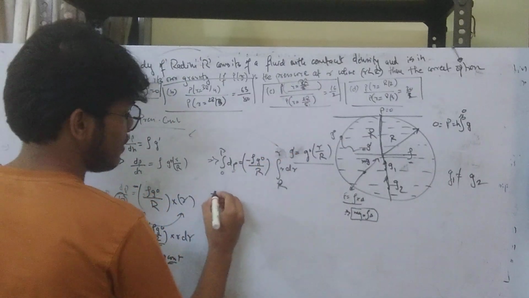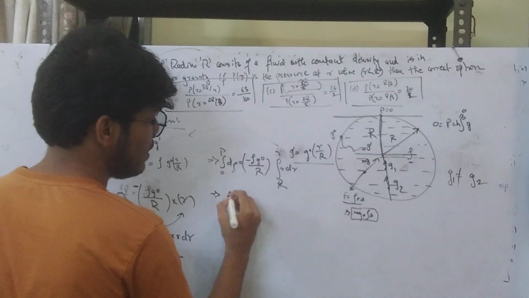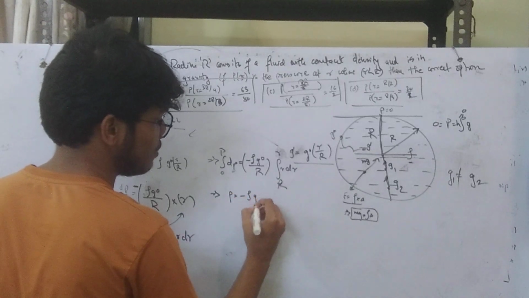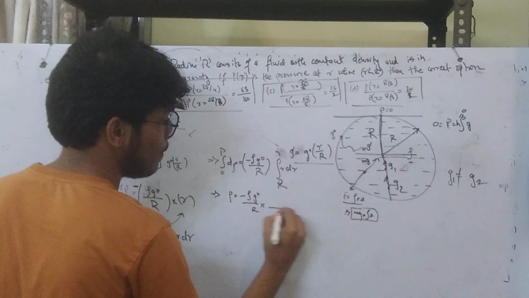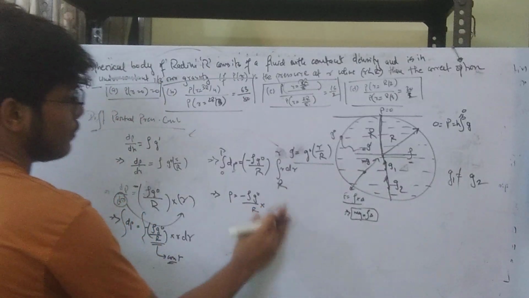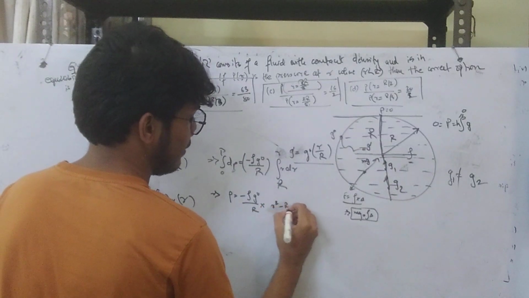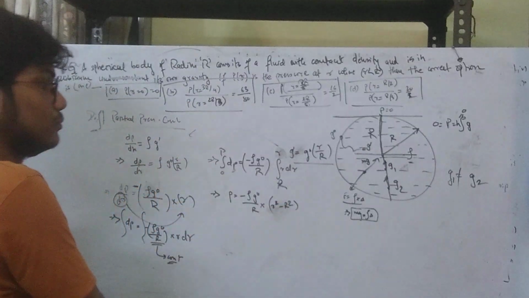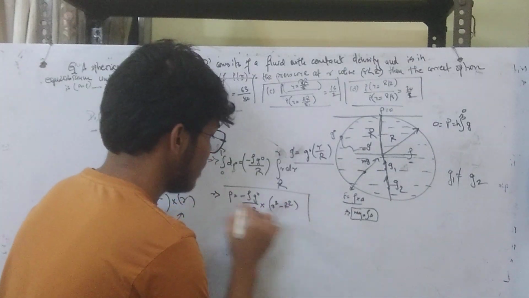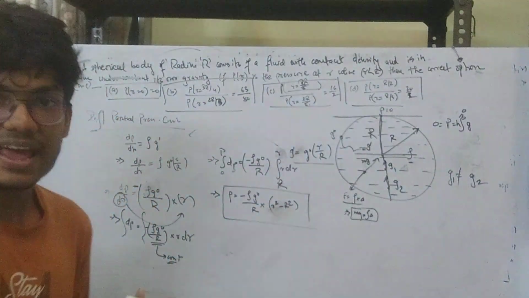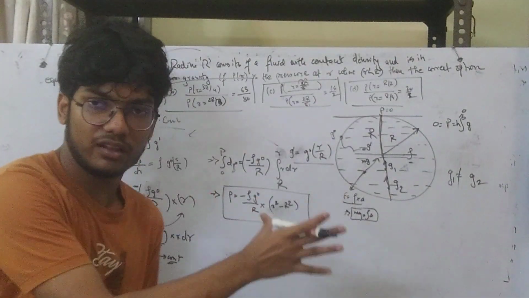So after integration, what will we get? P is equal to rho g naught by capital R into small r square by 2, the same expression with small r by capital R. So this is the relationship between the pressure and all other things.